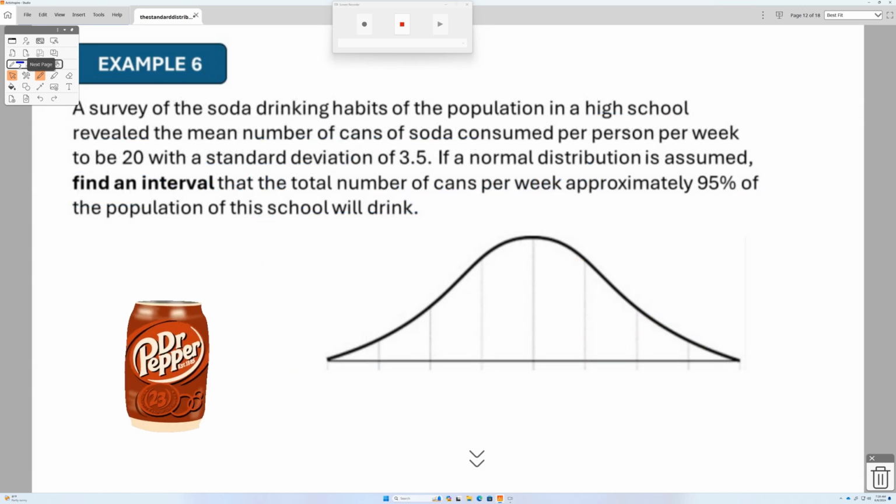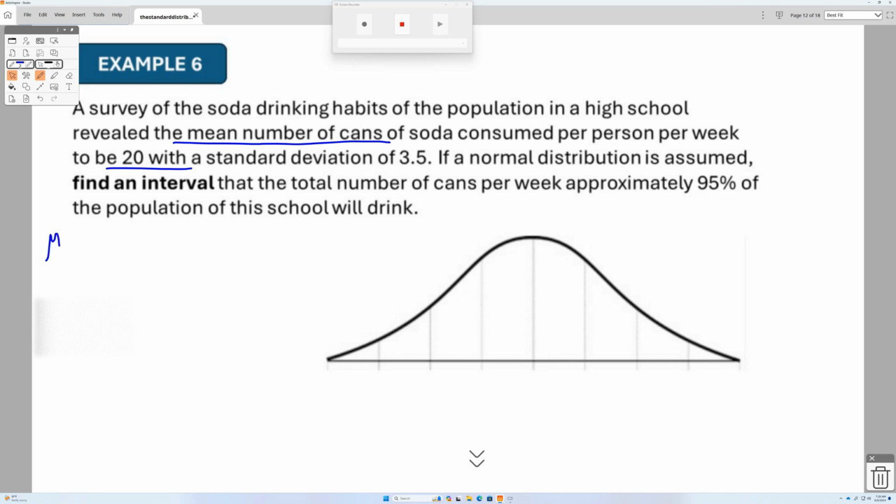A survey revealed the mean number of cans of soda consumed per person per week in a high school is 20 with a standard deviation of 3.5.